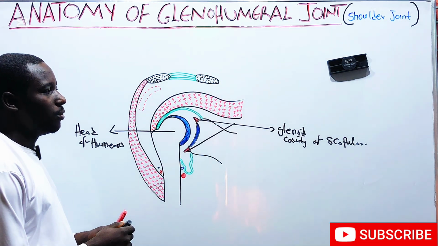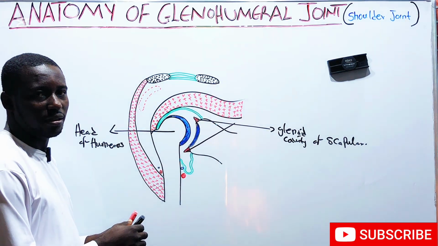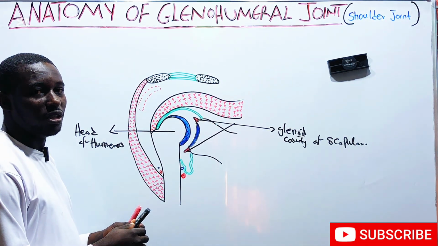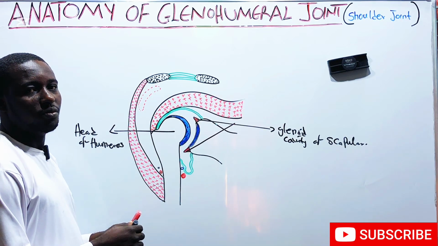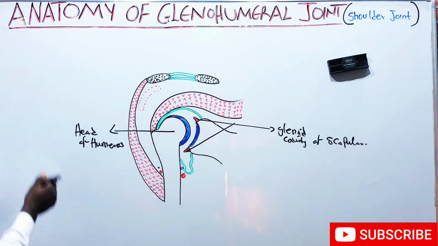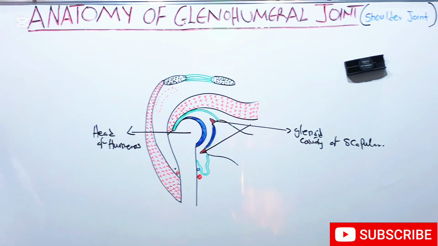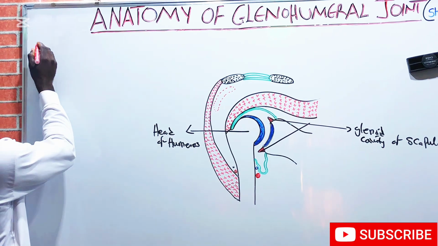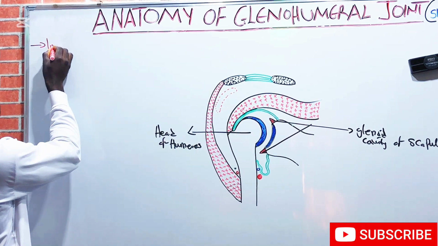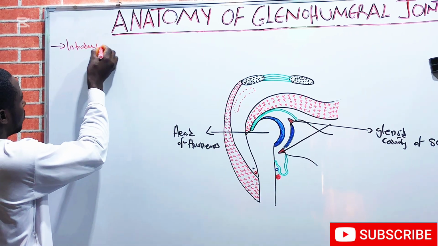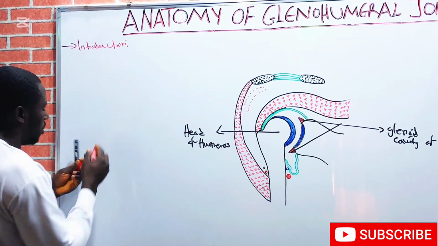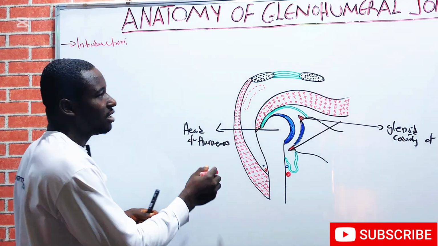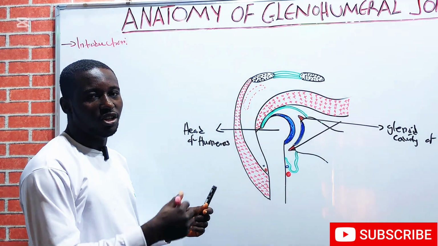But before we go further in this class, we're going to go into the introduction of the shoulder joint. What is the shoulder joint? The shoulder joint can be called the glenohumeral joint.